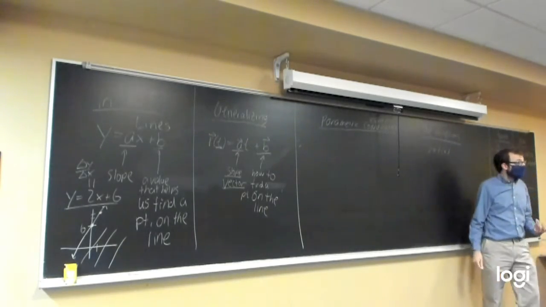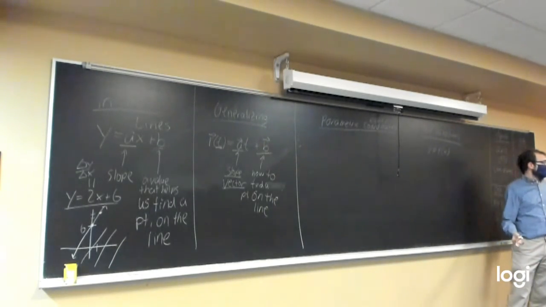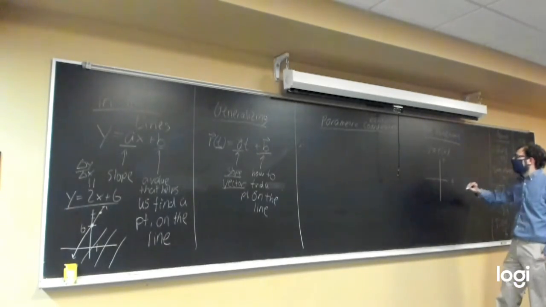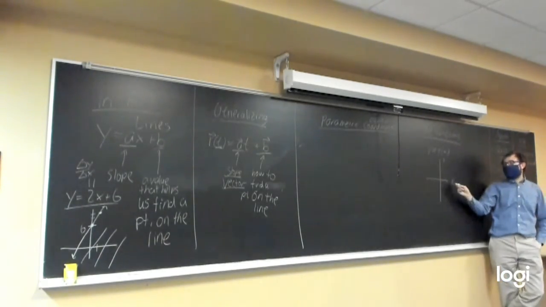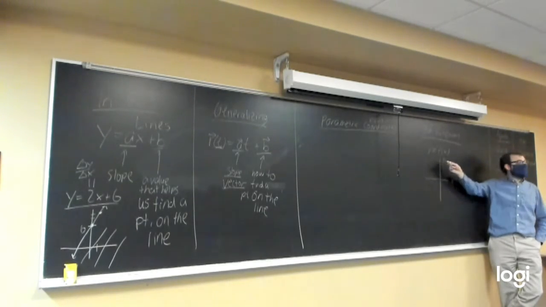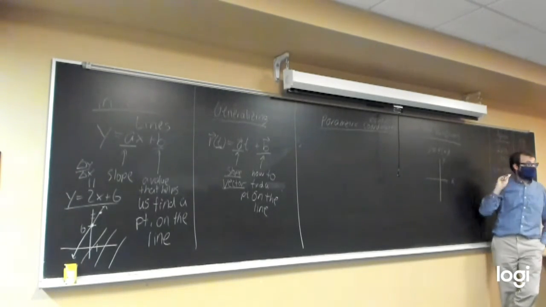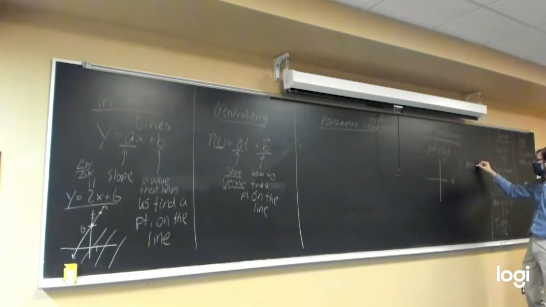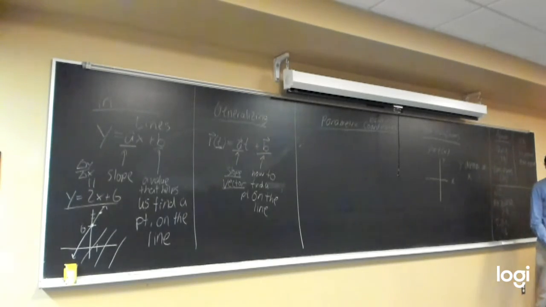Meaning you're going to look at points in R2 in an xy plane where your x coordinate is going to tell you what your y coordinate is. So that y is always going to depend on x.